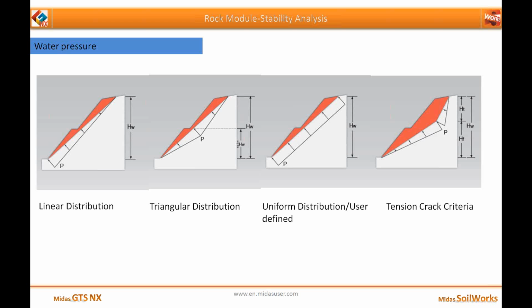Now the tension crack criteria: many times you can go for a simulation where the lower part of the joint doesn't have any water, so the tension crack criteria could be used to simulate that particular kind of variation of water pressure.